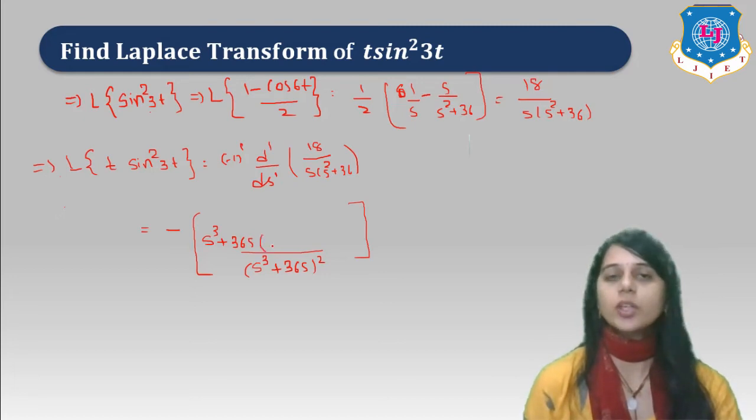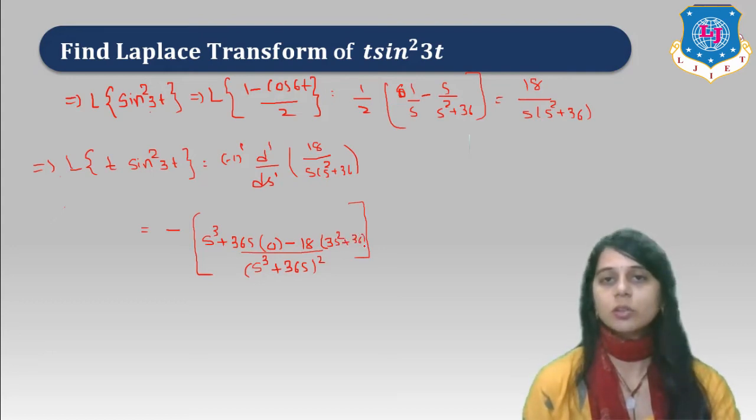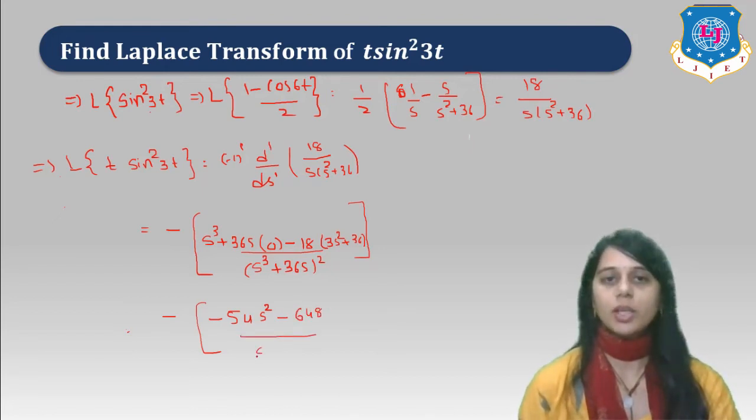What is the differentiation of 18 with respect to s? It is 0. Minus 18 as it is. Differentiation of s cube is 3s square. Differentiation of 36s is 36. Okay, solve this. Minus 54s square minus 648 upon (s cube plus 36s) whole square.